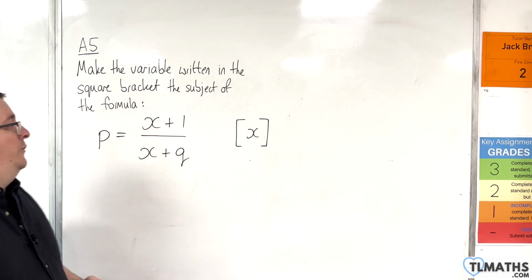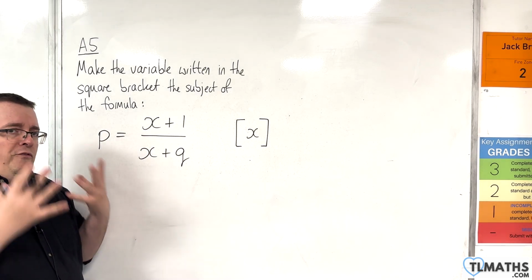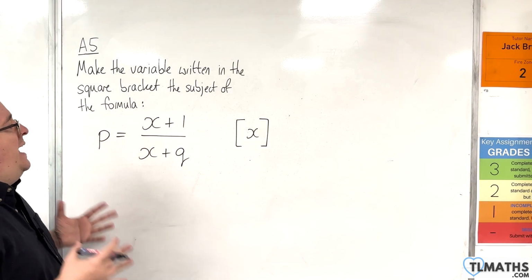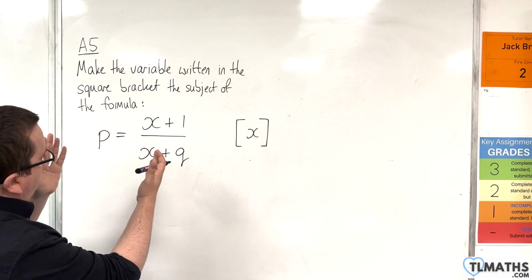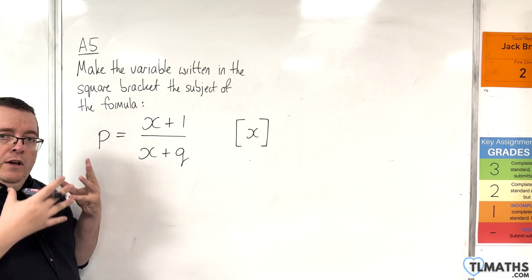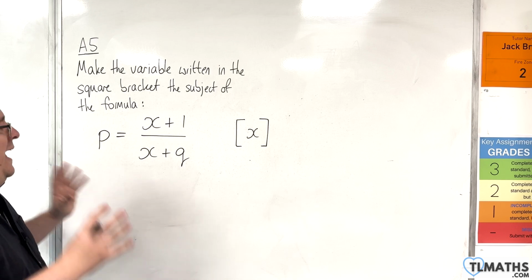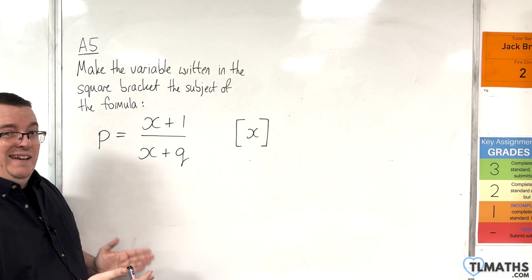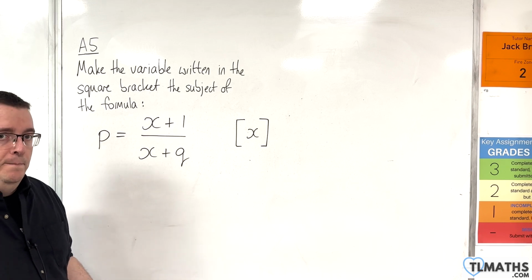And we want to make x the subject. So before we can do anything, we need to get x on just one side of the equation. And you might be going, well, it already is. We've got x plus 1 over x plus q. So we've already got x just on one side. However, we have an x in the denominator of a fraction, which we don't want to have.